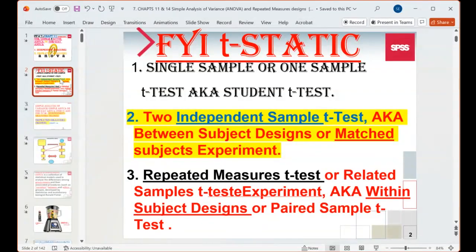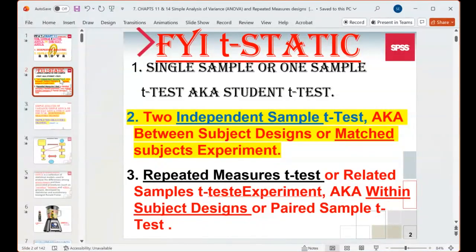Again, back to t-tests, just briefly, there are 3 different types of t-tests, and one is exclusively the single sample t-test, and the other 2 are research designs, and we're going to build up on them. And again, tonight we're going to go over the independent measure design.